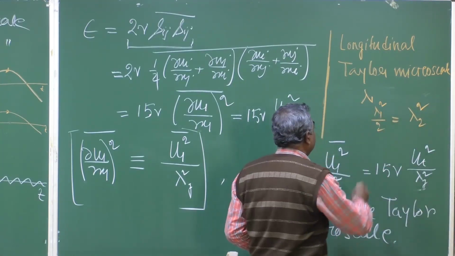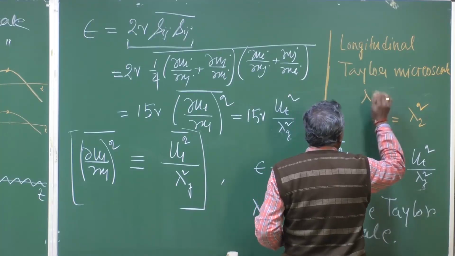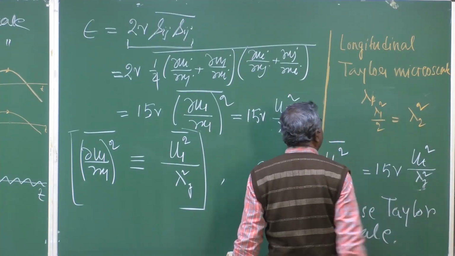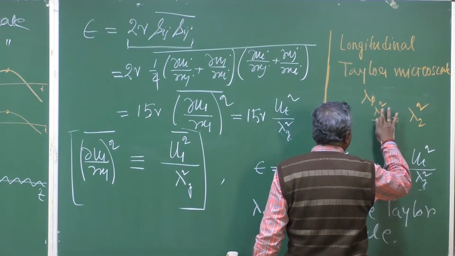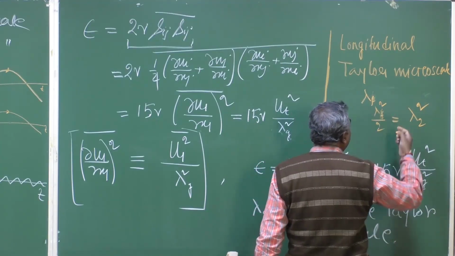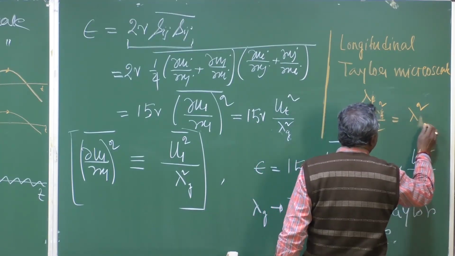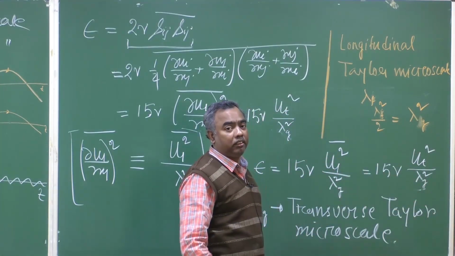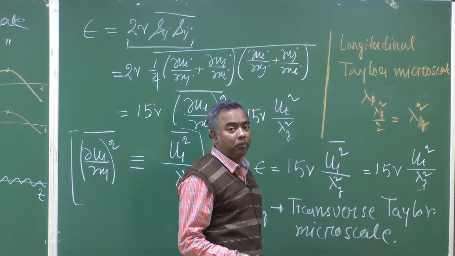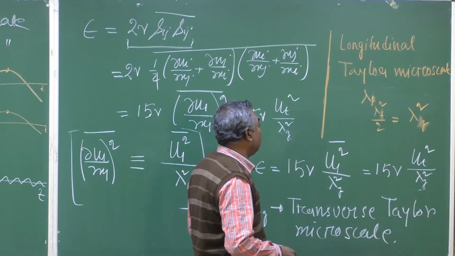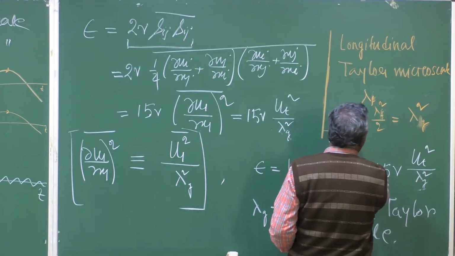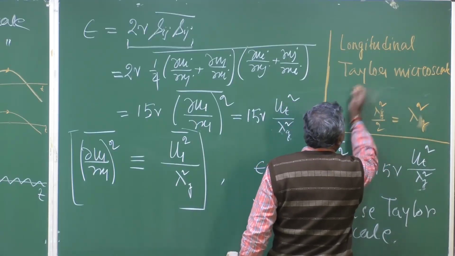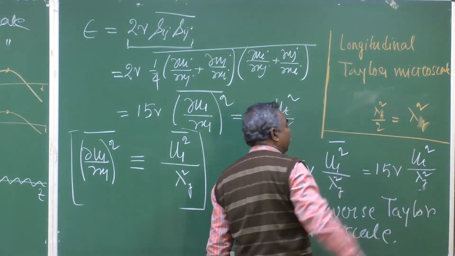The longitudinal Taylor microscale is sometimes designated by lambda f, so lambda f square is equal to 2 lambda g square, where f and g denote the longitudinal and transverse Taylor microscales. This is only for the isotropic turbulence case. Keep it in mind.